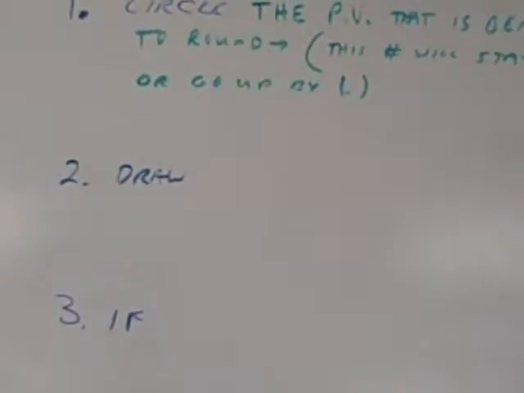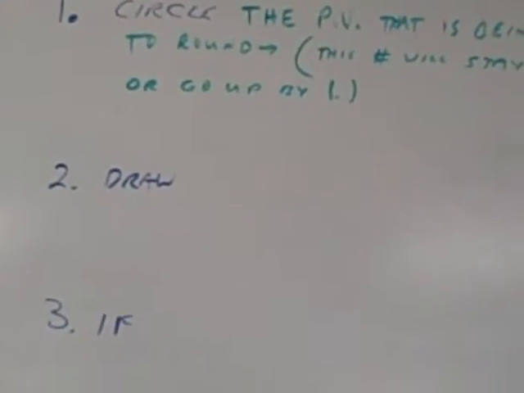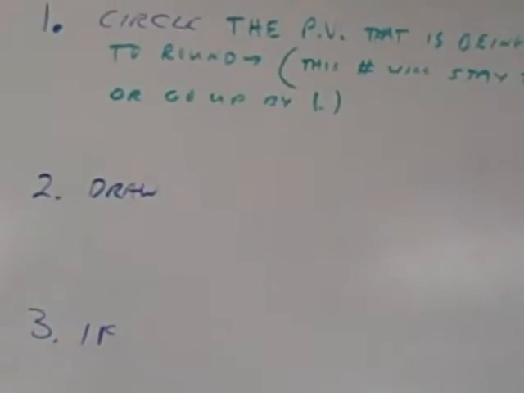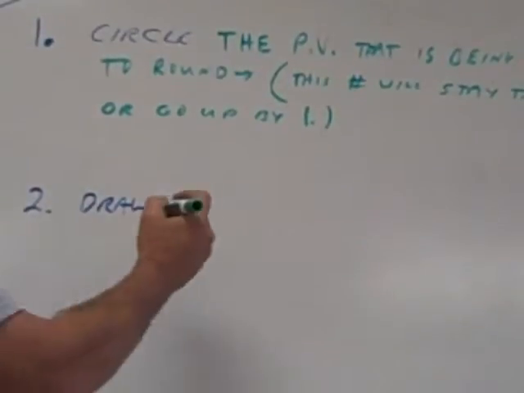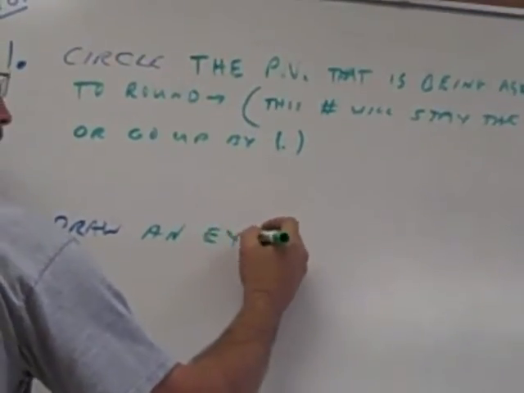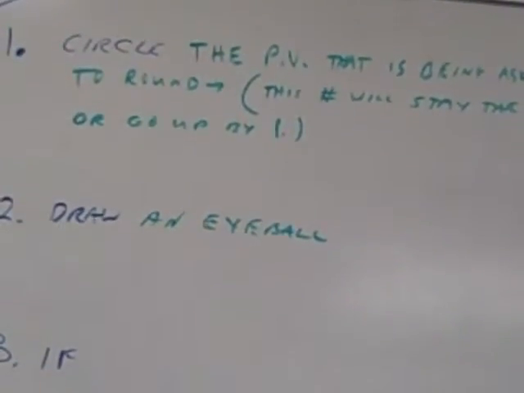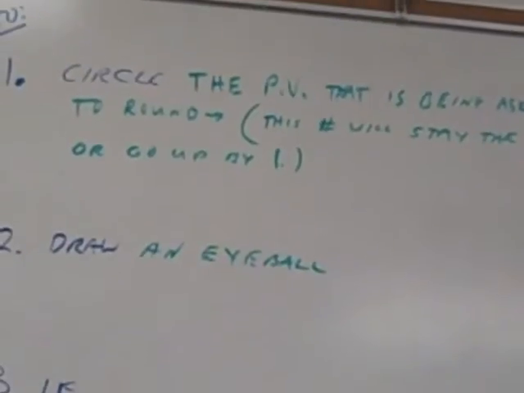Here's number 2, and this is the weird one. I used to say draw an arrow under blah, blah, blah, but I'm changing something to help us have a Jordanism to remember. Draw an eyeball. I know, that's freaky. Maybe it's because it's Halloween or something.